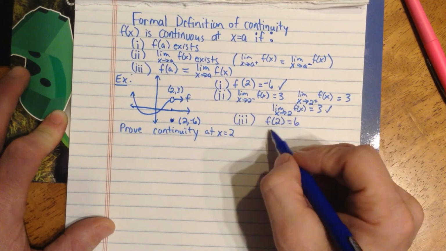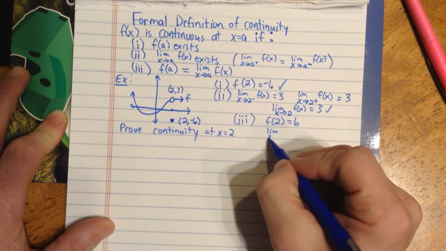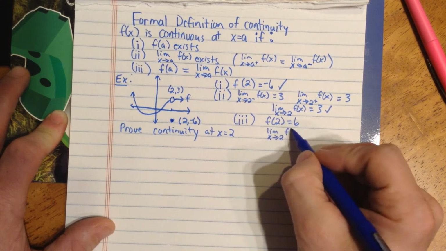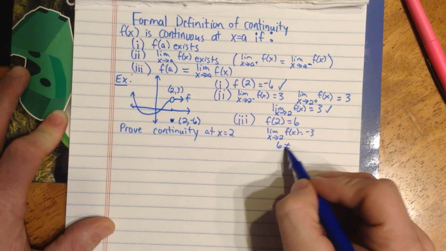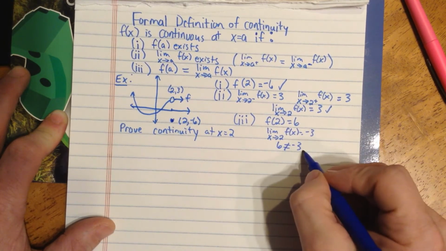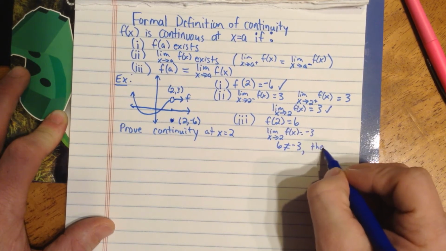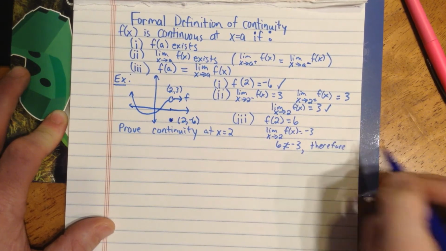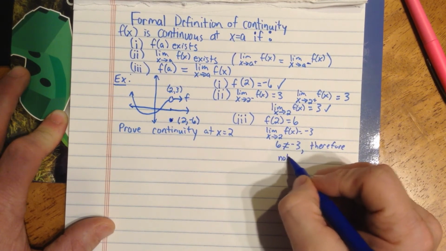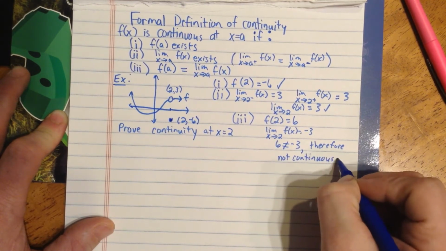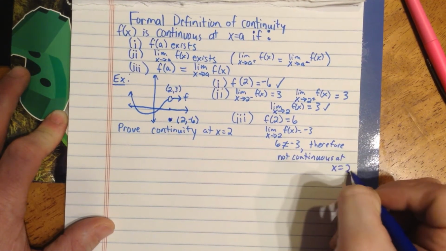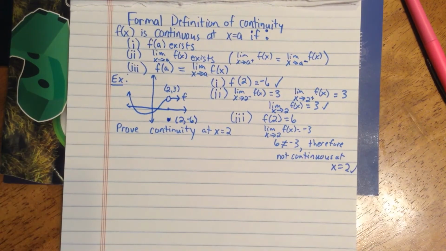And step 2, the limit as x approaches 2 is 3. -6 is not equal to 3. Okay, so therefore, not continuous at x equals 2.